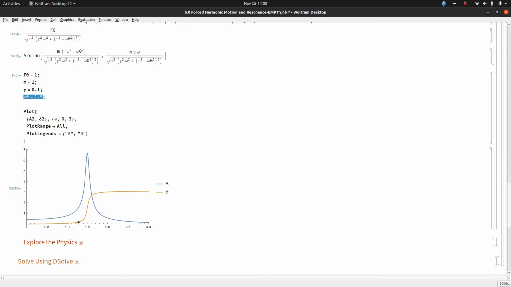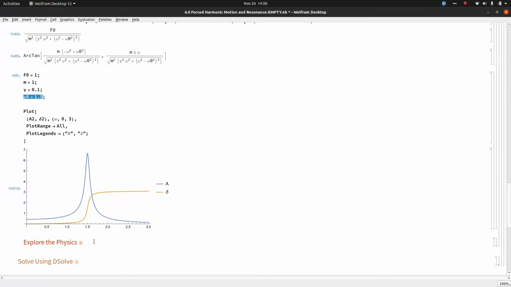Going from one side of the peak to the other, you actually shift phase. You're going from a delta of pretty much 0, and then you jump up to just about pi. So you go 180 degrees out of phase as you pass resonance, which means your amplitude is either in phase or out of phase with the driving frequency.